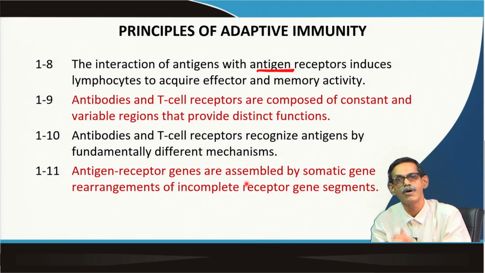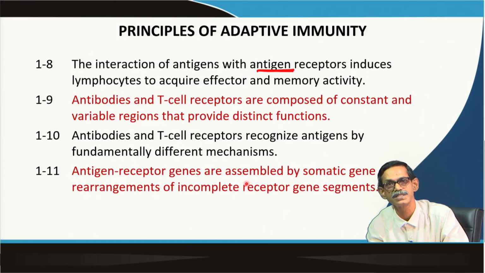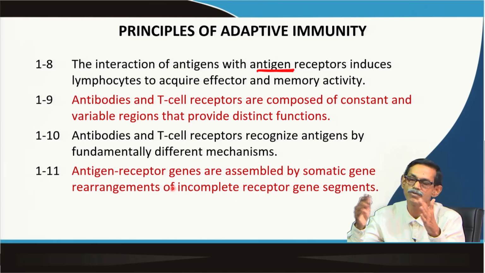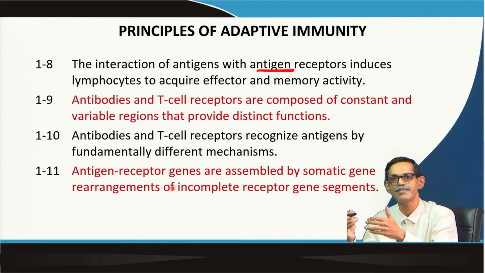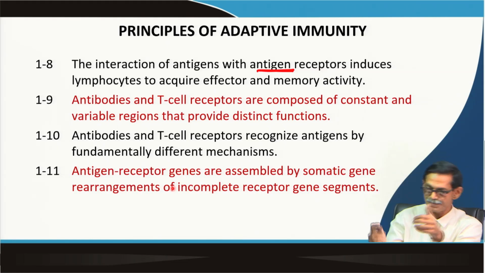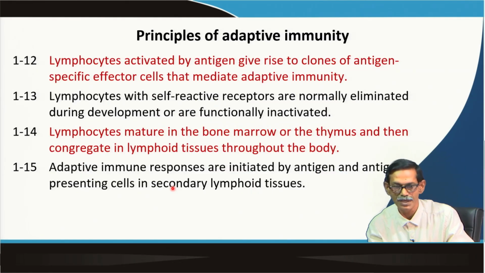If we write it in one single line, antigen receptor genes are assembled by somatic gene rearrangement, that means some rearrangement is happening. So, we do not have that many genes, we have some segments or components, some rearrangement is happening, and that rearrangement makes that many variations.